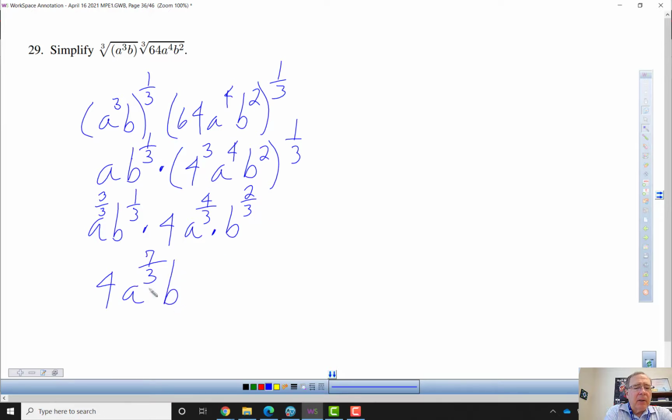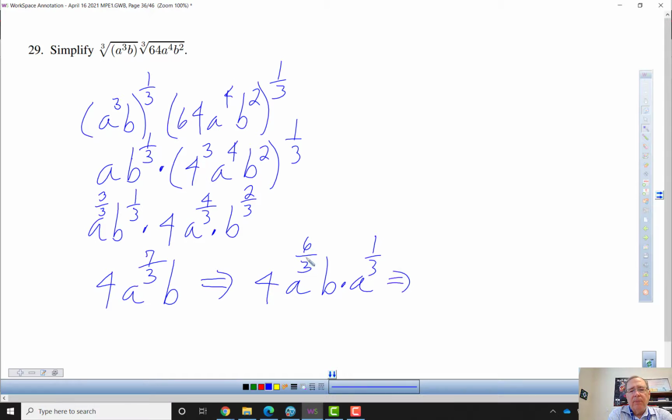Now, I think that's a perfectly fine answer, but the A&M Math Department wants us to do these couple of more steps. So we're going to call this 4a to the 6/3 times b to the 1 times a to the 1/3.